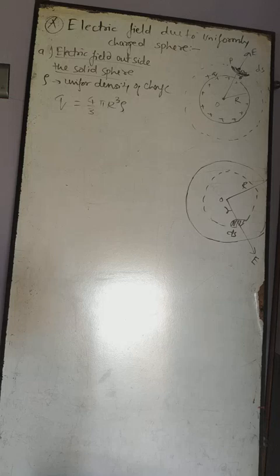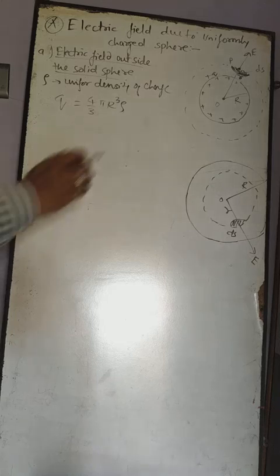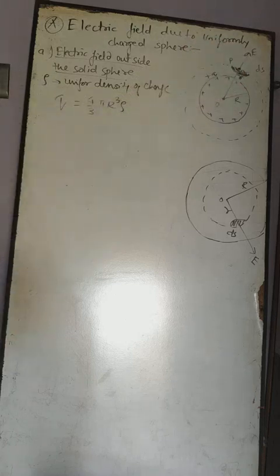The magnitude of the electric field E is the same at all points on the Gaussian surface, and the angle between E and ds is 0.